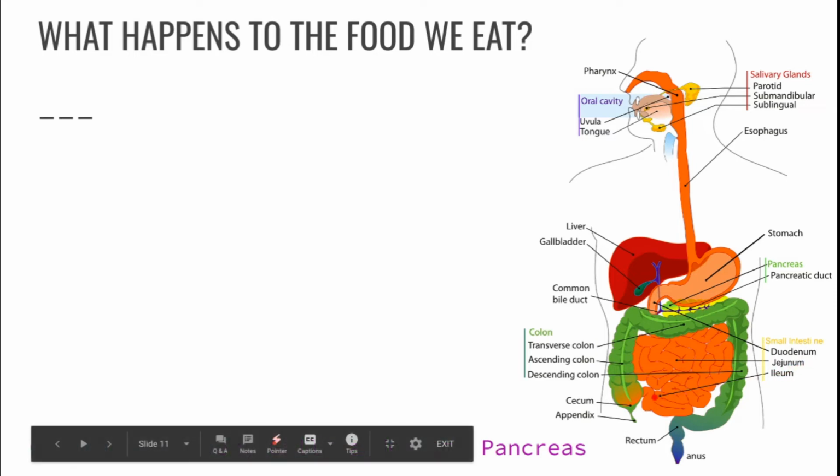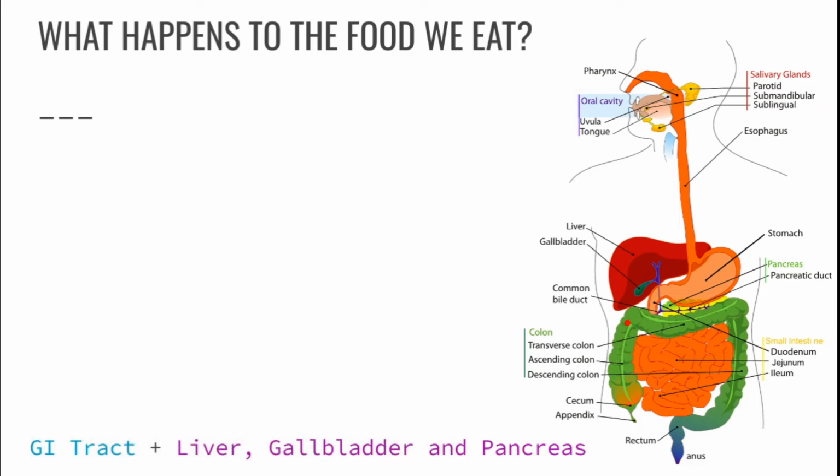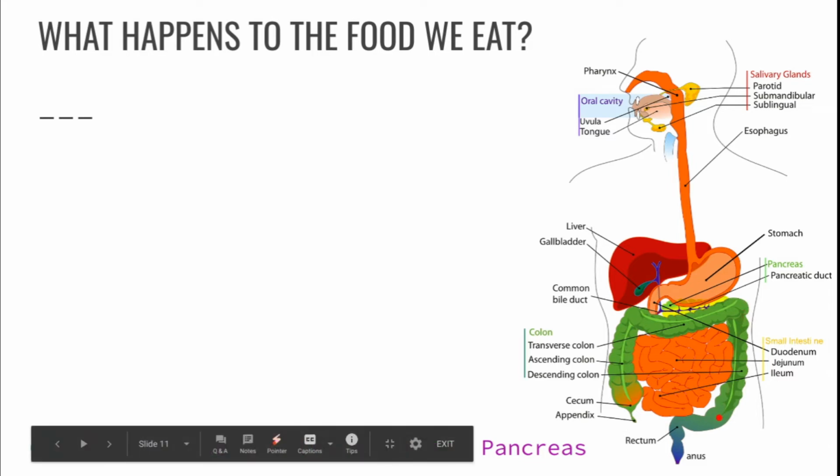And this ileum is connected to the large intestine, and at this end we have an appendix in the large intestine. Then we have an ascending colon, and then we have a transverse colon, and this is a descending colon, and at the end we have a rectum. And this is the end of the large intestine, and after that we have an anus. So this is our human digestive system.